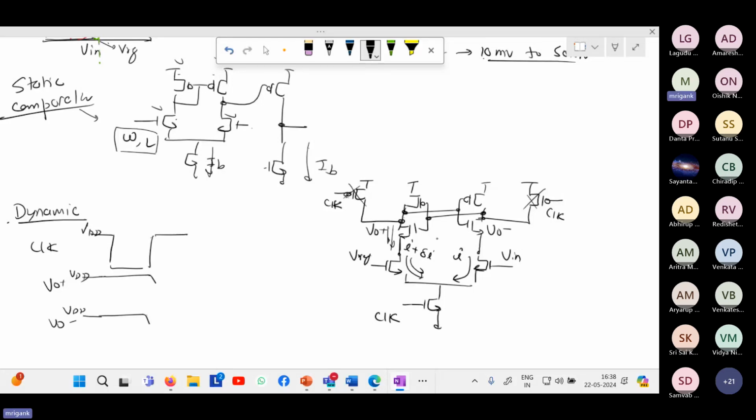The one which has larger current. So VO plus will go down steeper than VO minus, because VO plus is basically sinking more current. The Vref branch is sinking more current because Vref is bigger, so VO plus will go down faster than VO minus. Is that understandable?